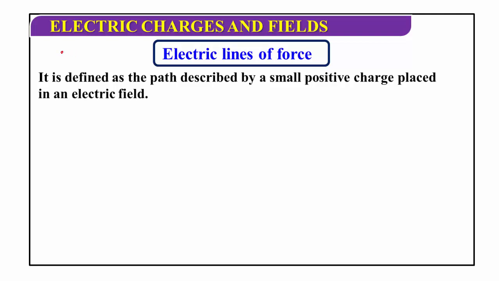Suppose I consider here plus q is the positive charge. When the positive charge is placed at this point A, the field is created. The region around the electric charge is called the electric field. To test the presence of this electric field, now I place the test charge at this point.